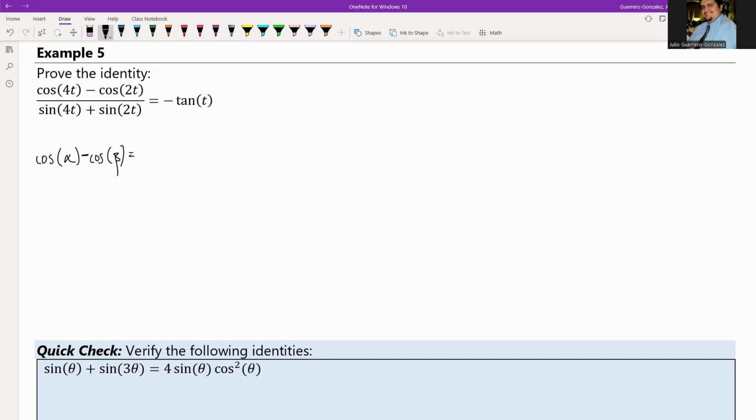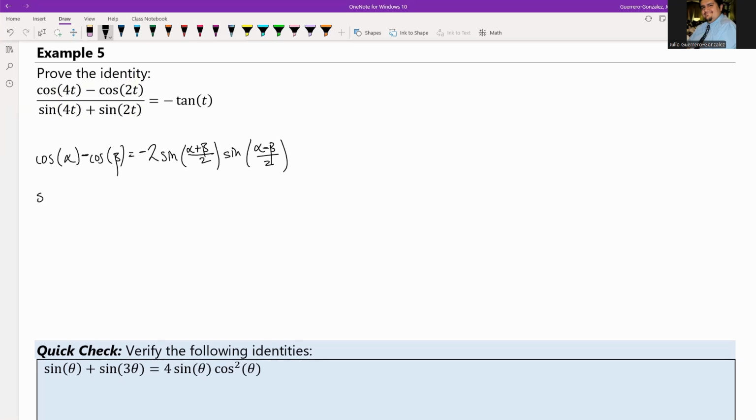It's probably in x's and y's though, but it's no different than the alpha and beta. It's going to be minus 2 sine alpha plus beta over 2 times sine of alpha minus beta over 2. Okay, that's the top one that we're going to need.